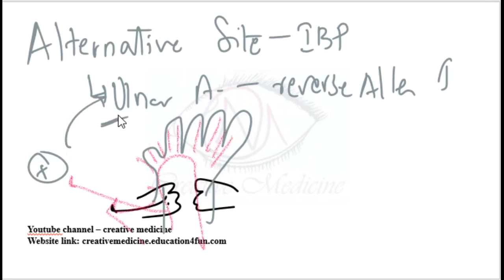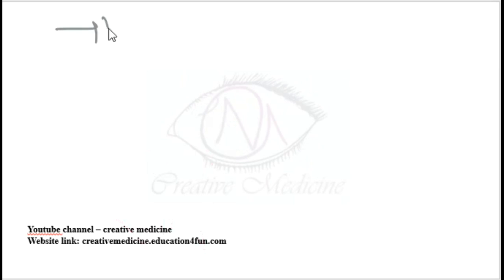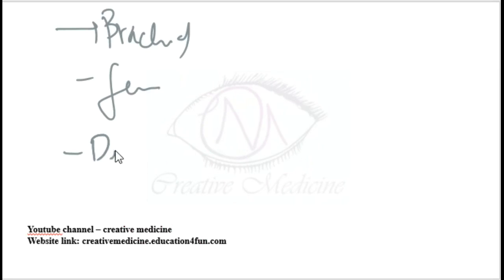But if after releasing the radial artery you still see paleness in the hand, then the reverse Allen's test is negative. So in such cases you cannot do ulnar artery cannulation. The other alternative sites include the brachial artery, femoral artery, and dorsalis pedis artery.